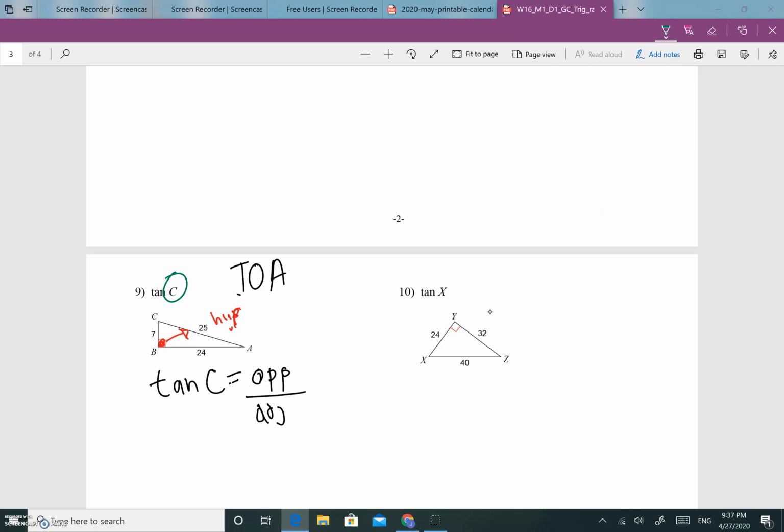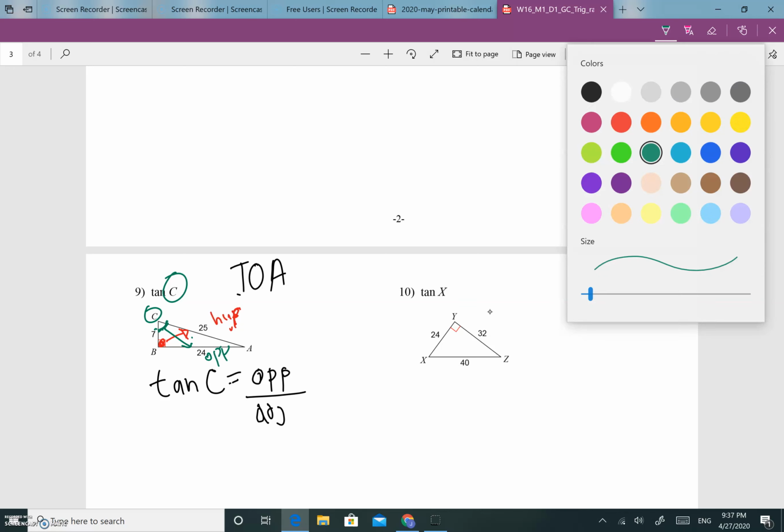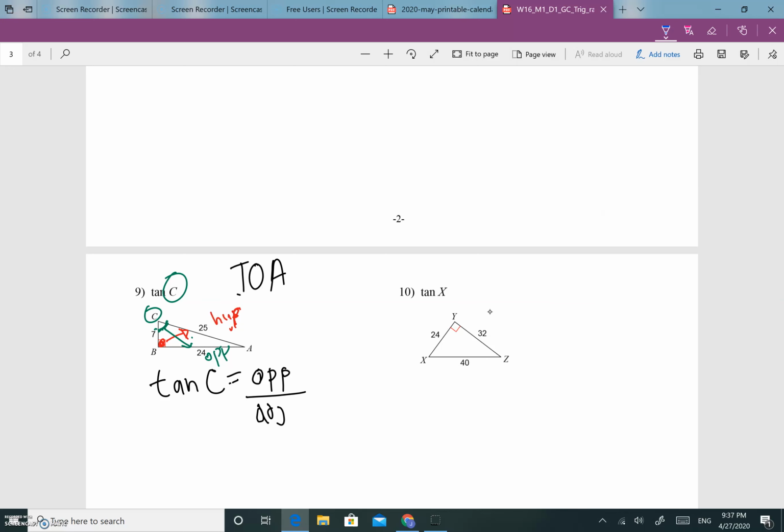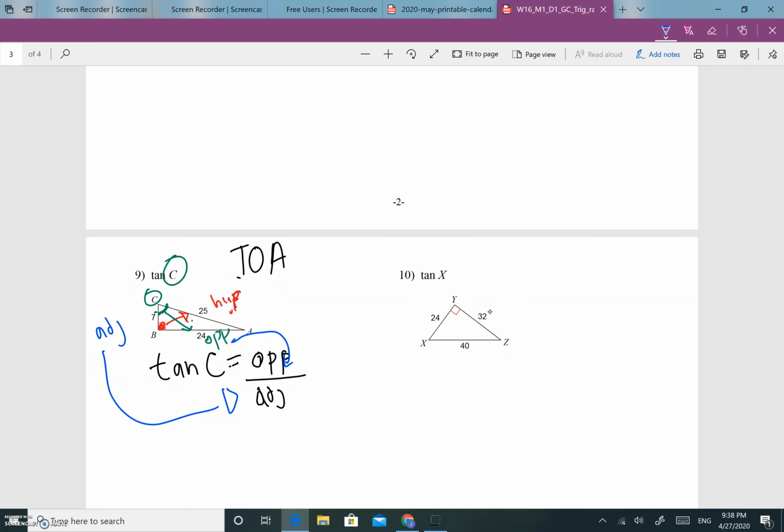They're given C, so C is right here. What side is opposite to C? That would be 24, so this is going to be my opposite. And the last one that is left is going to be my adjacent, because that's the only one we have left. So the opposite is going to go here, and the adjacent is going to go on the bottom.